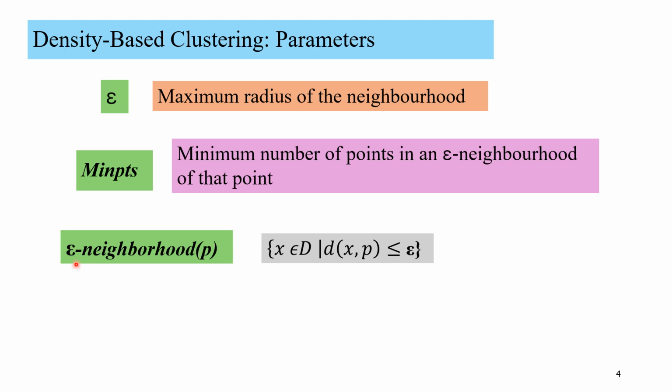The epsilon neighborhood of a point P comprises those points X from the data set D such that the distance between X and P is less than or equal to epsilon. That means these points X fall within a radius of epsilon of P. So these X points comprise the epsilon neighborhood of P.